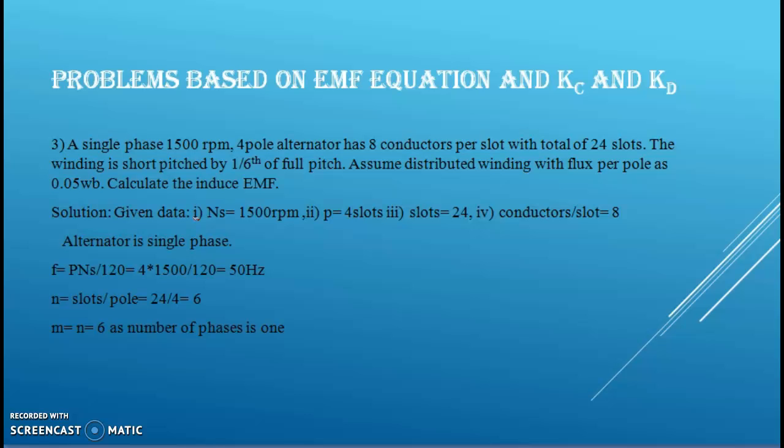So very firstly we will write down the given data. As they have given, the synchronous speed Ns is equal to 1500 rpm. Then the number of poles is 4, as it is a 4 pole alternator. Then there are 8 conductors per slot and a total of 24 slots.